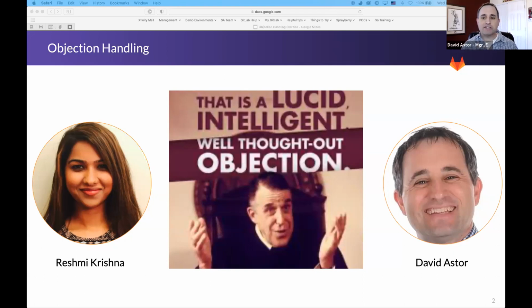Our intention today is to cover objection handling as a process and not necessarily as a solution to GitLab specific objections. You'll see some of that in the role play, but with the techniques we cover and the examples we provide, we're going to be better preparing you for handling GitLab objections as they come your way.